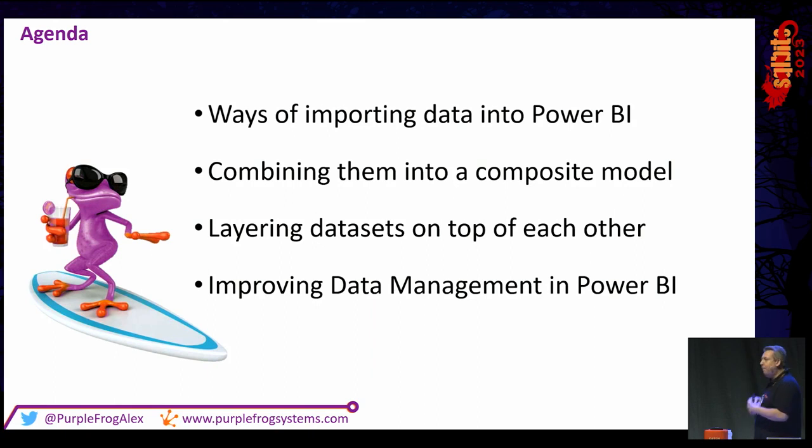Then we'll be looking at combining different types of datasets into more composite hybrid models, layering datasets on top of each other to reuse logic, and use that to improve our data management and decrease the duplication of data in our environment, and make data available faster and easier for different data types.